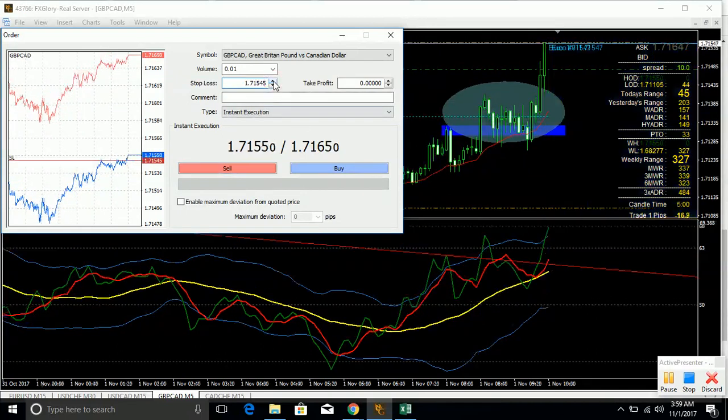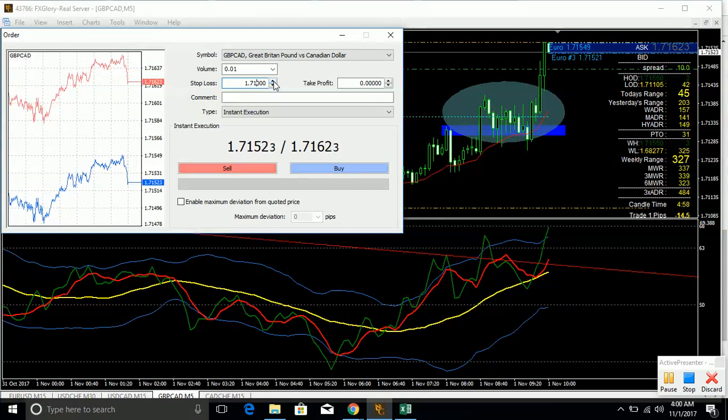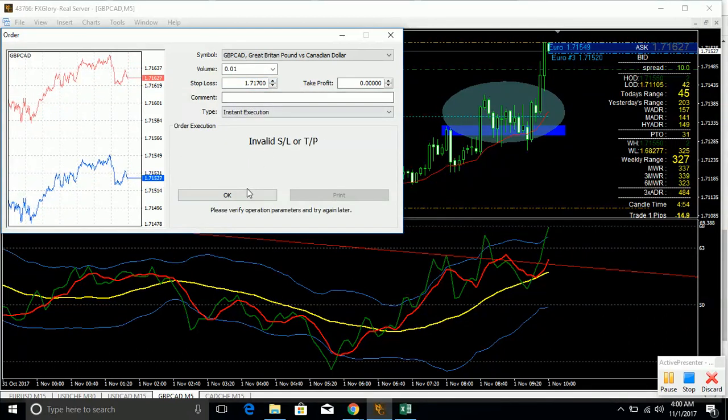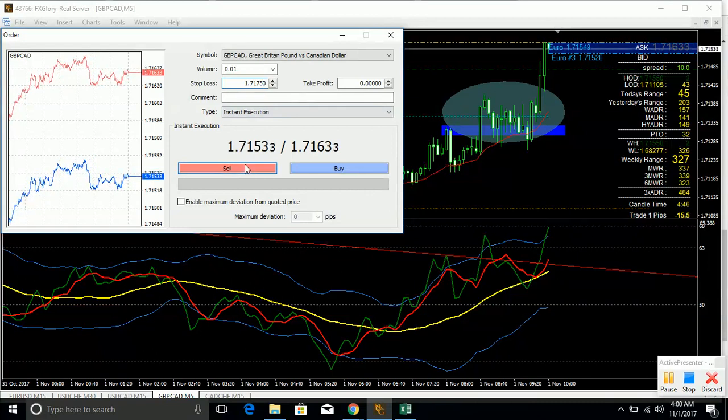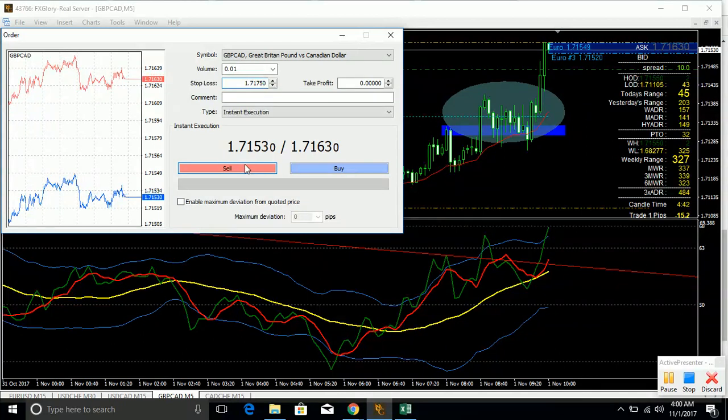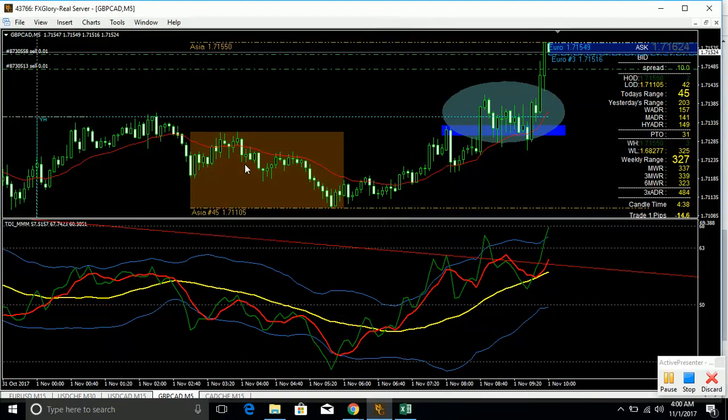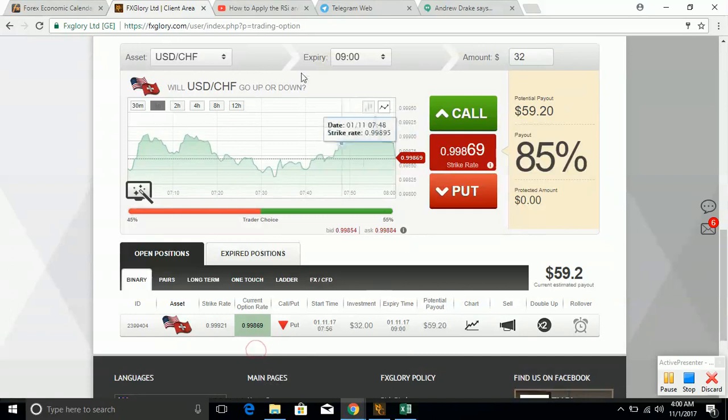Let's put a stop loss in here at 700. Ooh, I'm going to do really like 750. Let's put that in. Okay, so we got that in there.